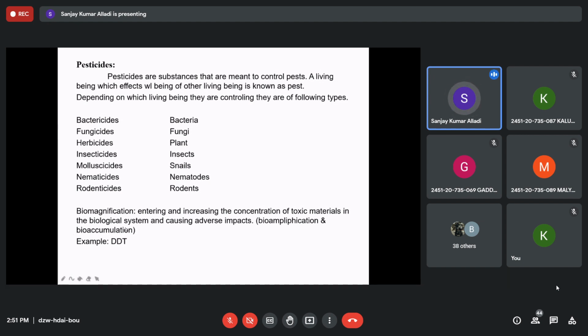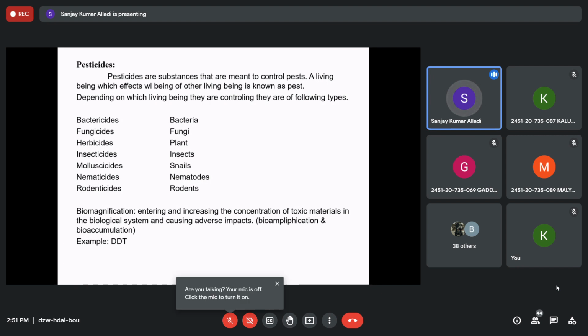And once it is getting accumulated, and the same living being or person feeds on the same contaminated food, the content of the toxic chemical will start increasing in the body. Accumulation will continuously increase. Instead of 0.5, it will become 1 or 5 or 10 milligrams, and then it will start showing symptoms and cause diseases like cancers and other infections, right?